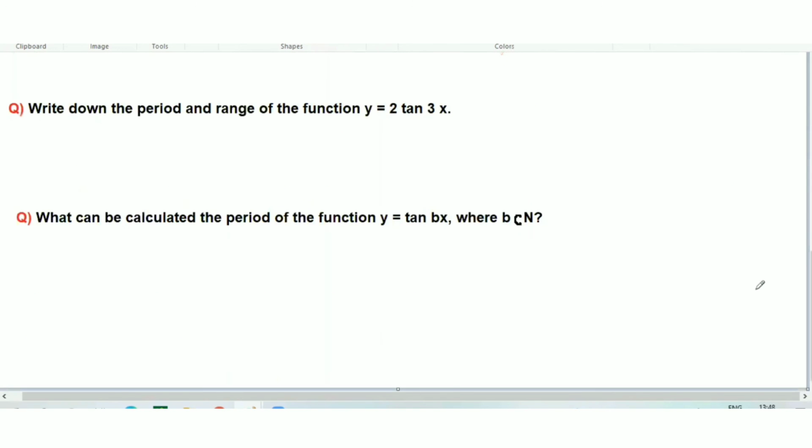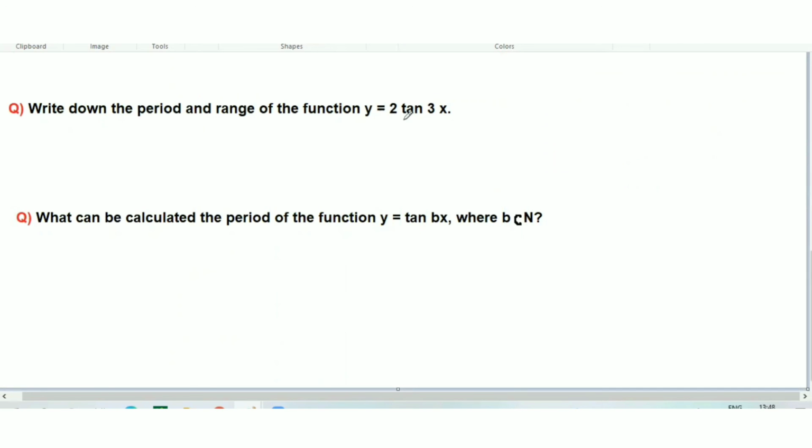Now for the next question, I have given 2 more questions here. The question is, write down the period and range of the function y equal to 2 tan 3x. So what is the period of the function?